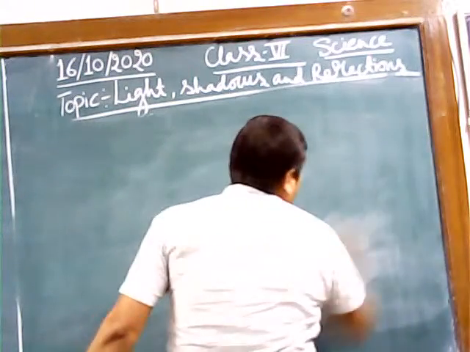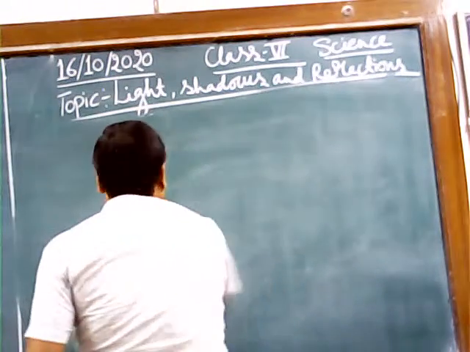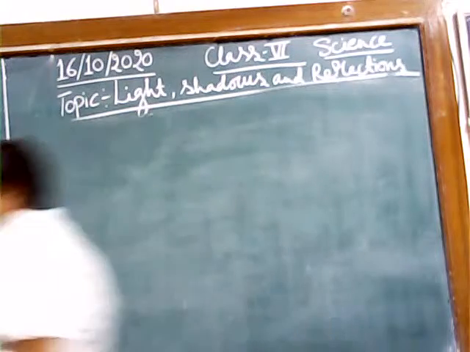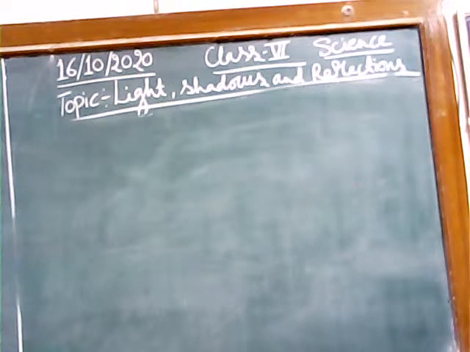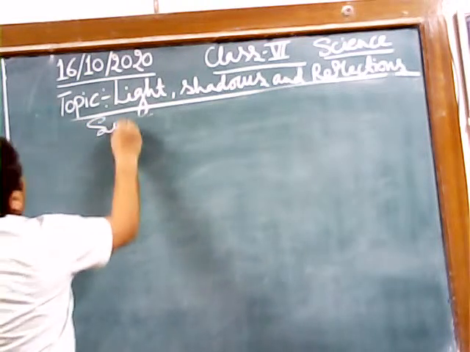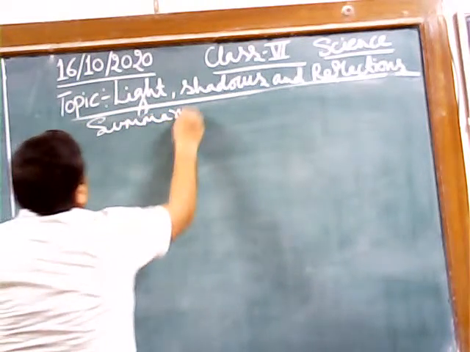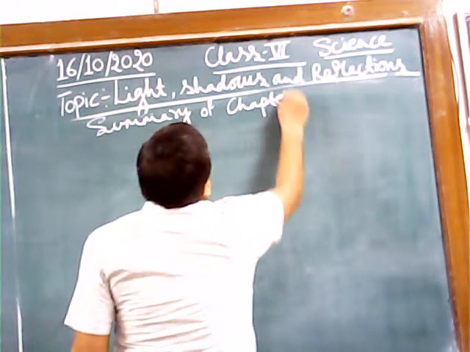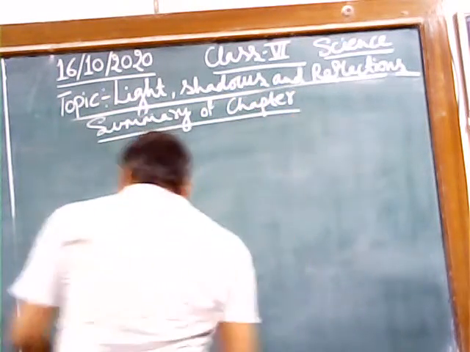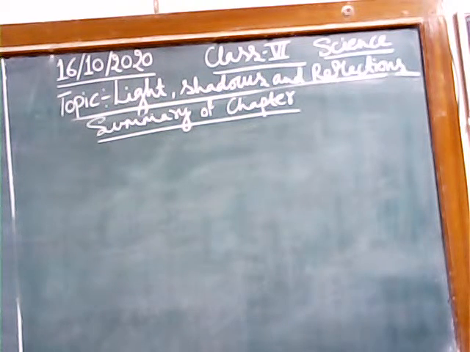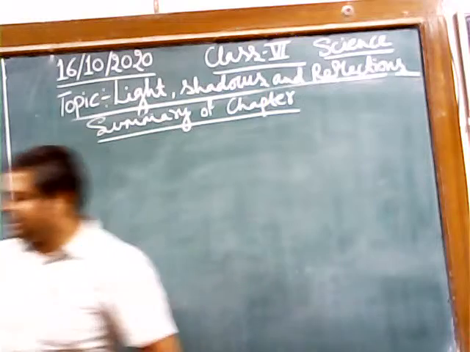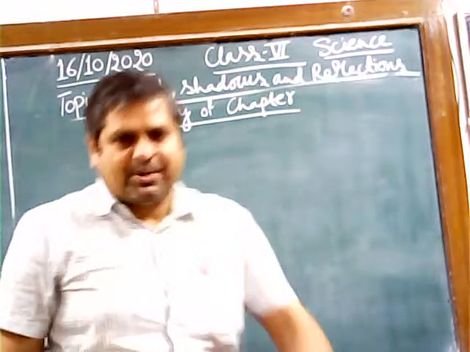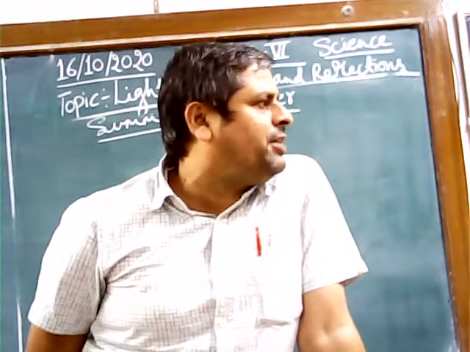Summary of the chapter we will write here. Okay. You can see the keywords also. You just pick out the keyword. If this keyword is not clear to you, please tell me.